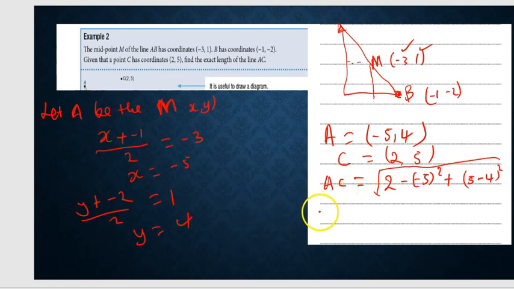Such that this becomes 1 plus 49. 1 plus 49 under the square root gives you 50. So what is the square root of 50? The square root of 50, you just have it as root 50.